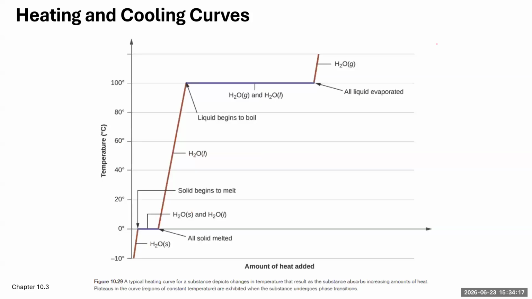All right. So let's go back to this heating and cooling curve because now we know the difference between temperature and heat. So again, we took a bunch of ice from the freezer that's at negative 10 degrees. We put it on the stove, turn on the heat. And what we're doing is now we're increasing the heat added to the thing.